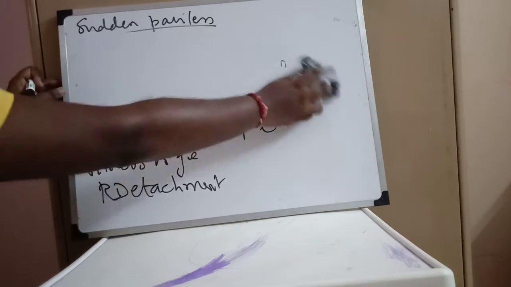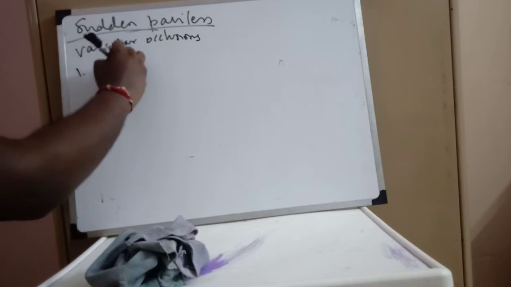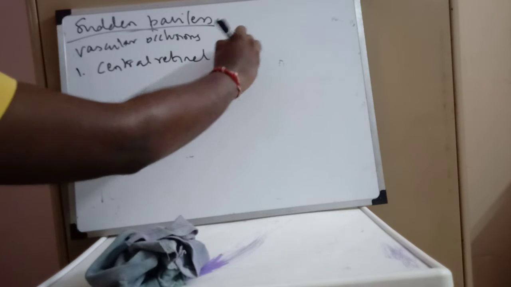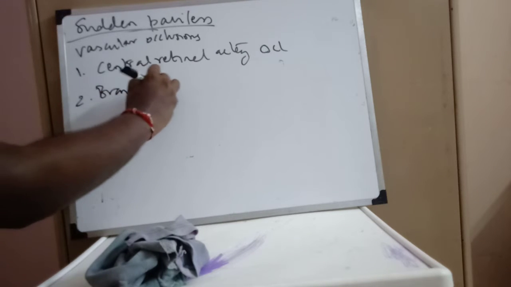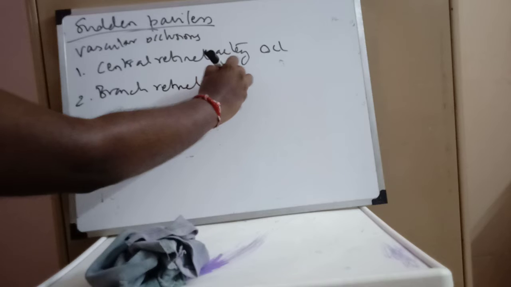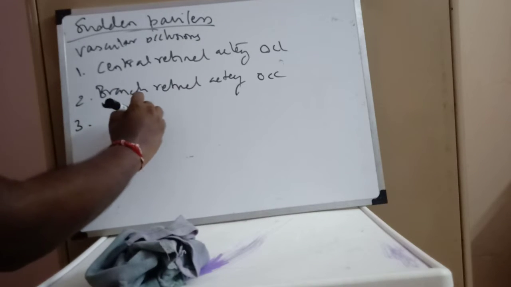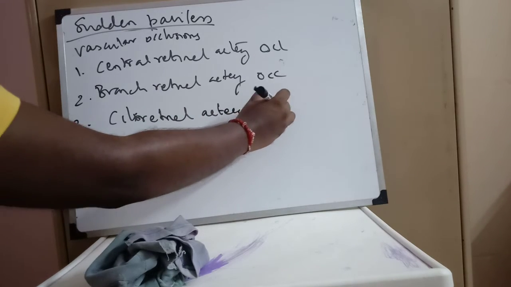Now apart from this, you're also going to have some vascular causes. Vascular occlusions for sudden painless loss. You have central retinal artery occlusion, branch retinal artery occlusion, cilio-retinal artery occlusion.